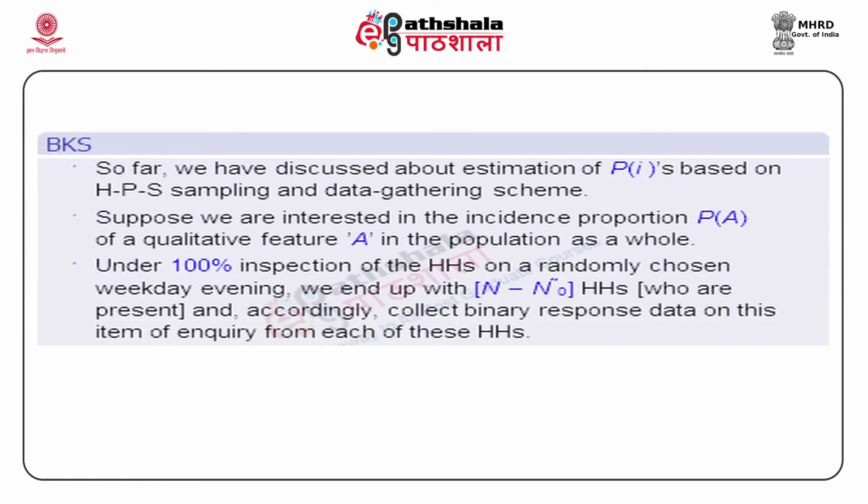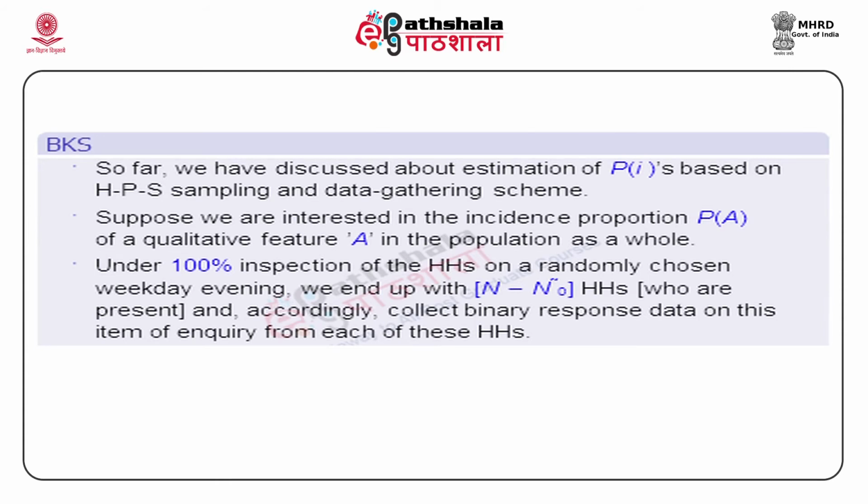Under 100% inspection of the households on a randomly chosen weekday evening, we end up with so many households who are present, and accordingly we can collect binary response data on this item of inquiry from each of these households who are present. Okay? Suppose that it is a regular feature, then there is no problem in getting information on yes, no from these people.